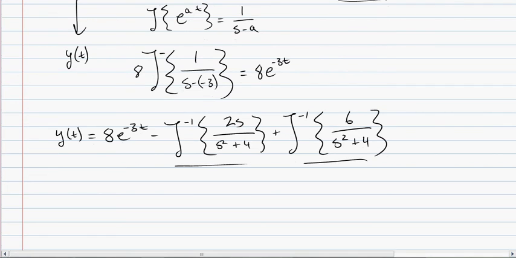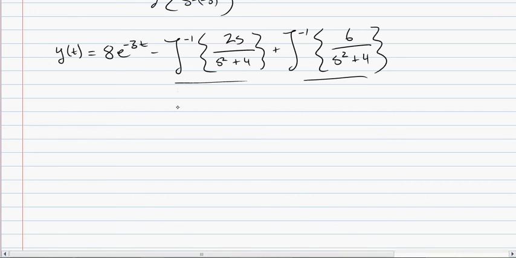Well, using the definition of the Laplace transform, like we did earlier, it can be shown that cosine of kt is going to be equal to s over s squared plus k squared. So we've almost got that here, except we've got this extra 2.